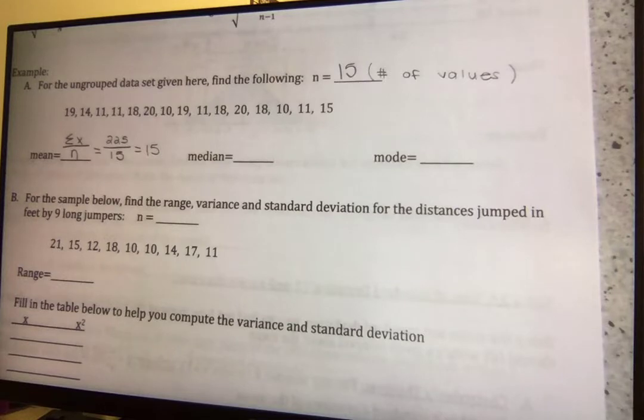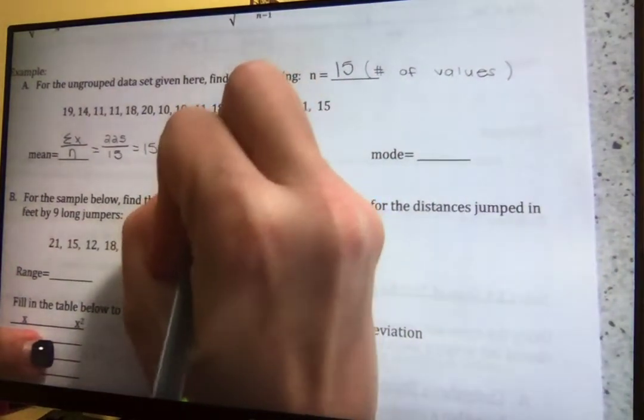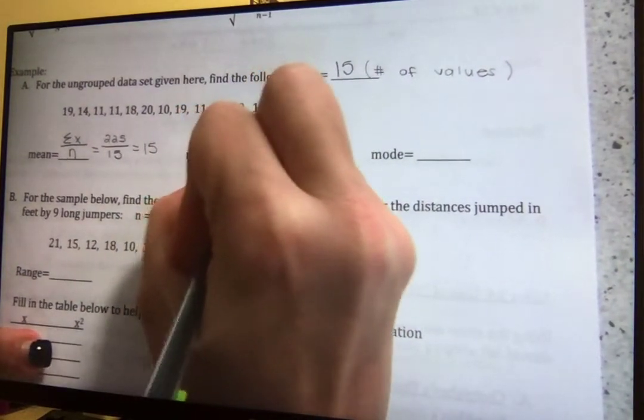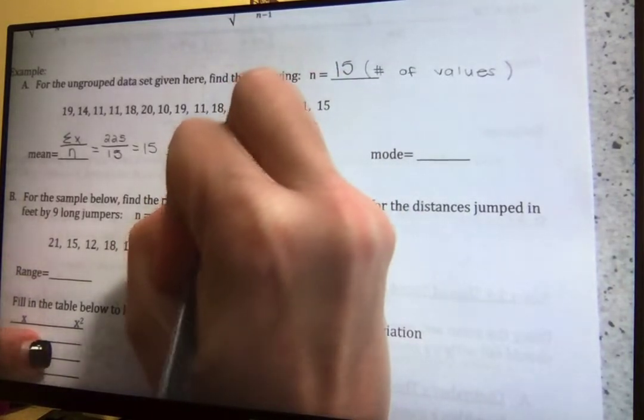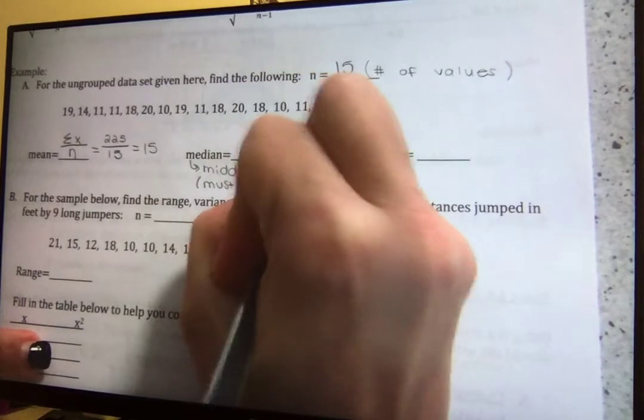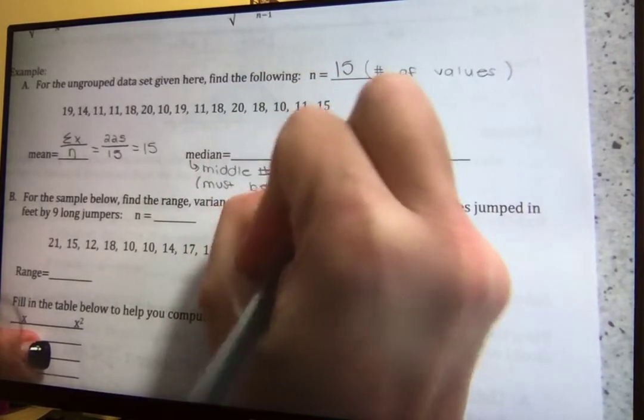Remember, median is our middle number. We also remember for median, our numbers must be ranked, so we have to put them in order from least to greatest.